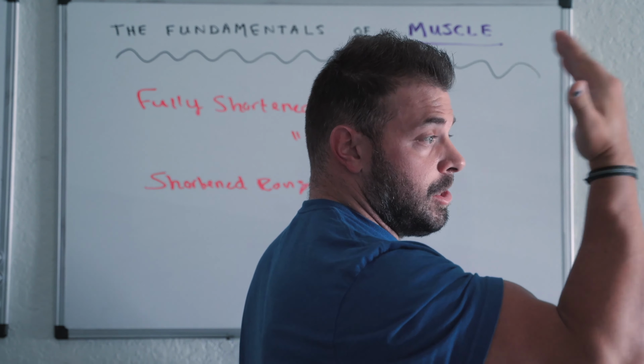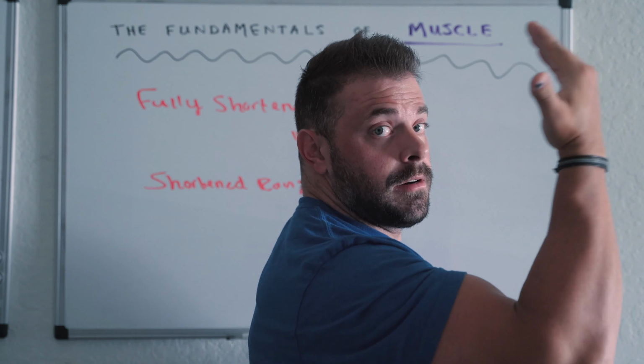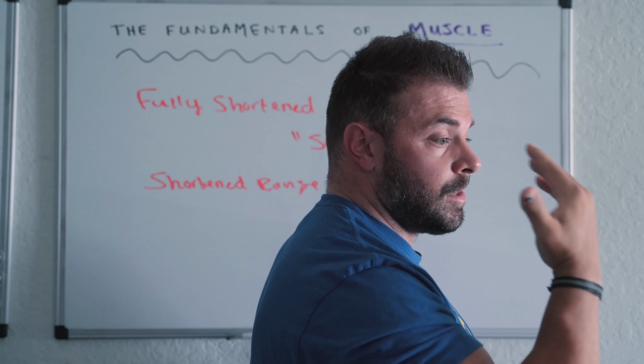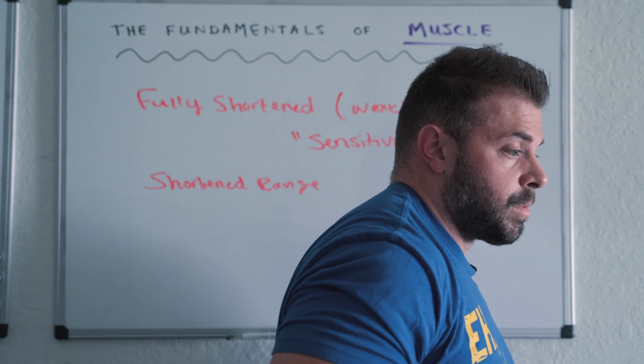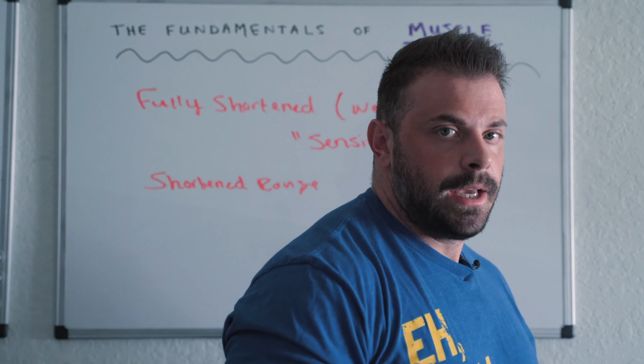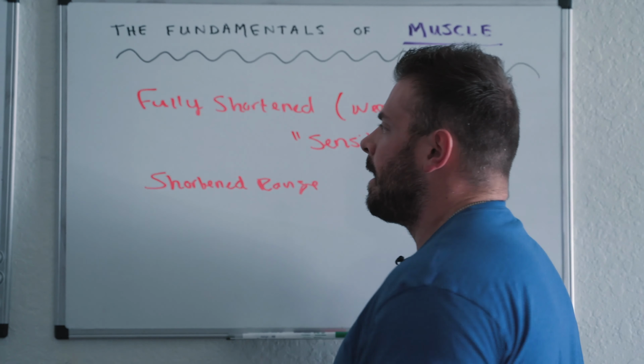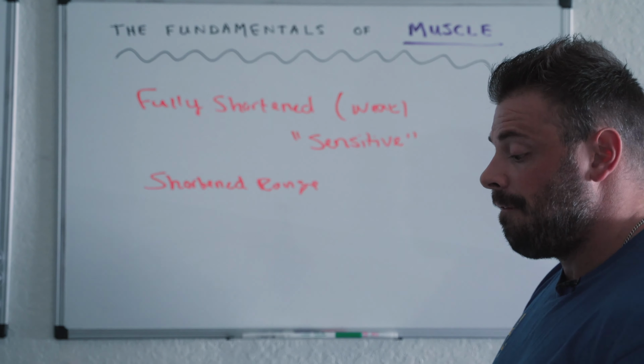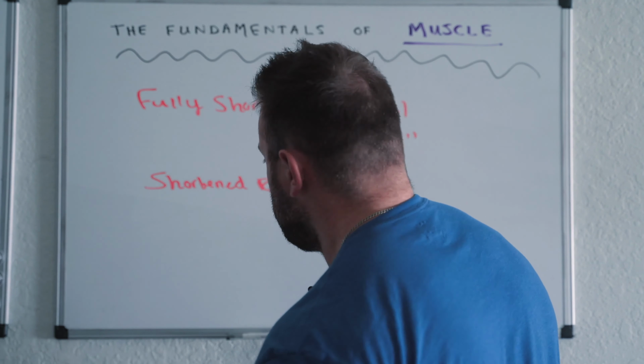So I'm just working the shortened range of elbow flexion here, right? Not all the way to the mid, not all the way to the lengthened, just that shortened range. And so I could be training here, but just working that shortened range here. All right, hopefully that makes sense. There's a very minute difference between training the shortened range and training the fully shortened range, okay?